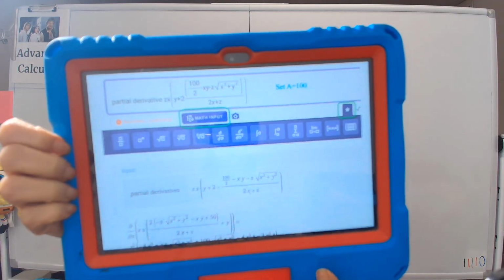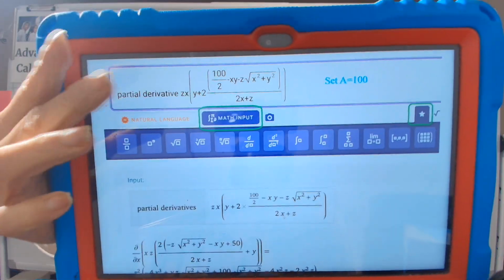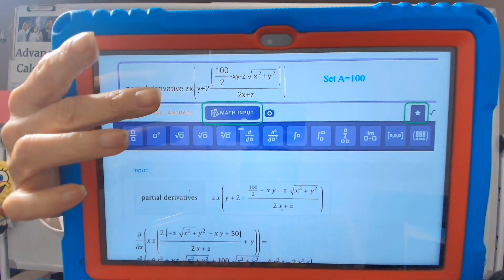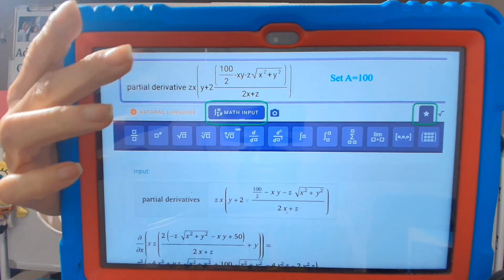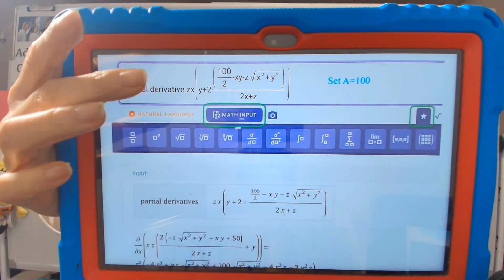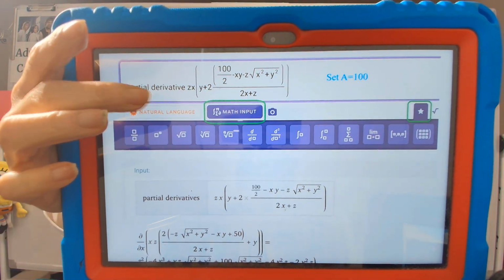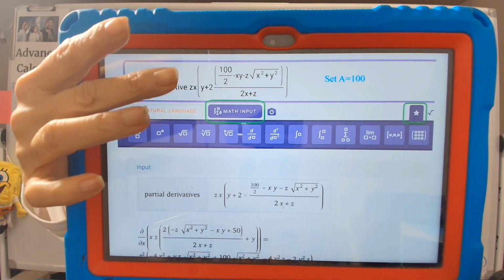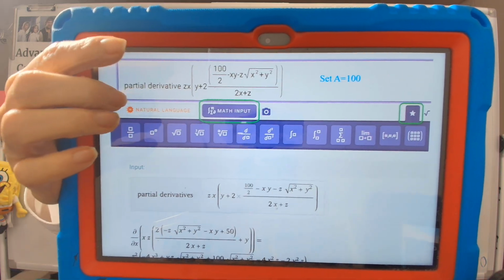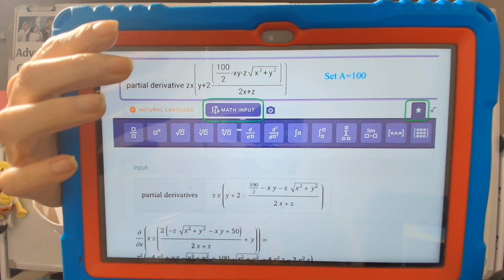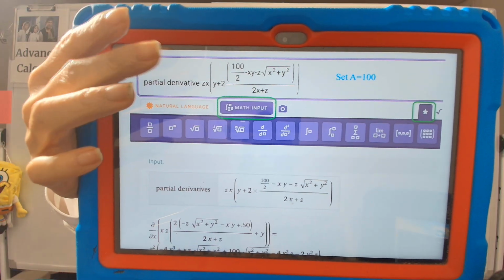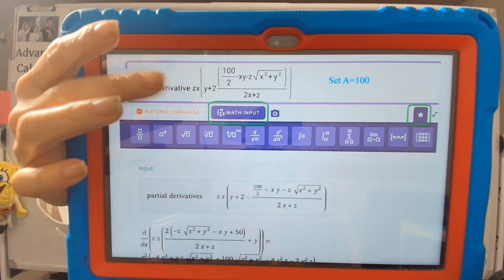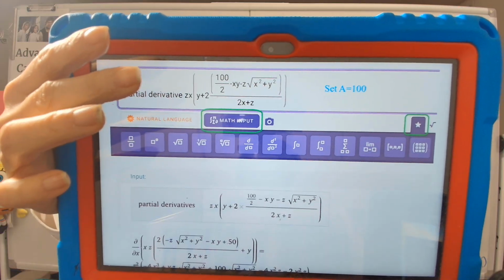So I typed the formula of the volume into the calculator with y in there. Okay, and so that is what it ended up being. I chose A, the total area, to be 100 so that it doesn't get stuck with yet another variable. And also I feel like 100 is pretty easy to track, right?